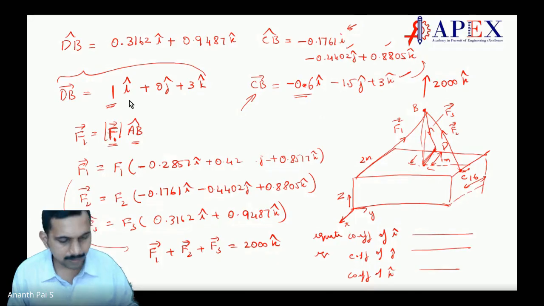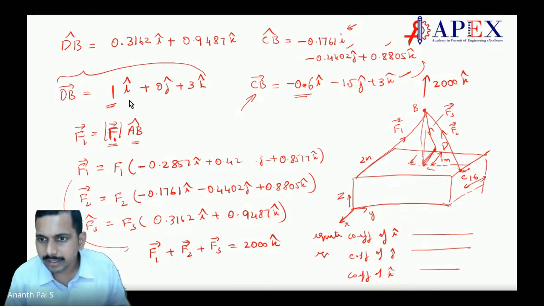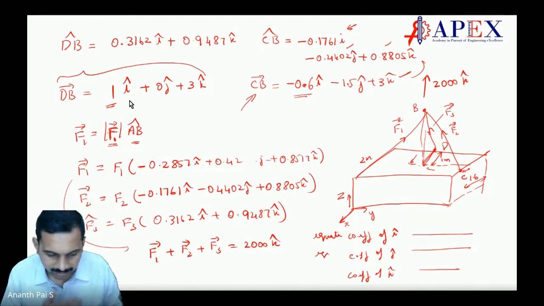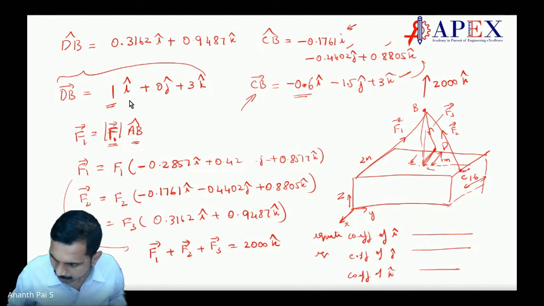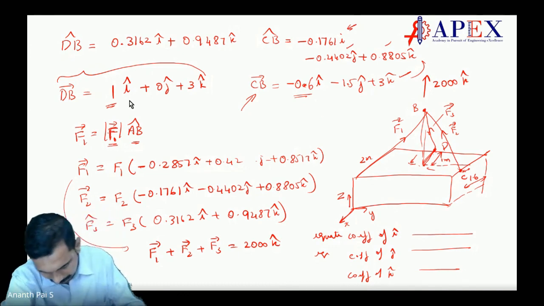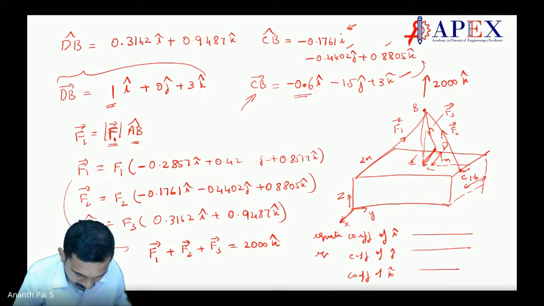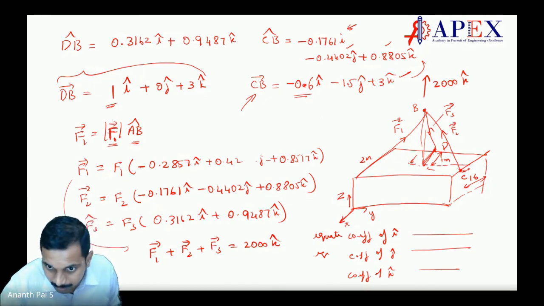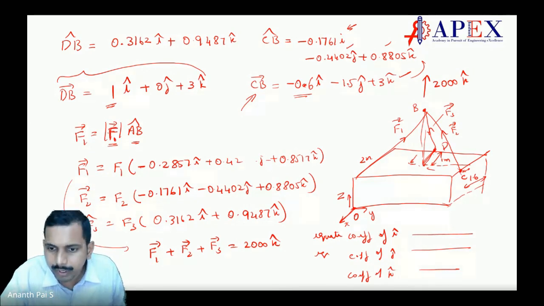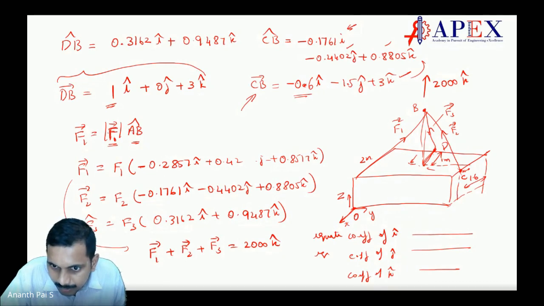Sir, in this problem, what is OC vector, sir? OC vector, why is OC required here? If you want to find out OC vector, I understand you haven't got how it is to be done. So if I want to find out OC vector, we have to see from O to C. First in the X direction, how much should I go?